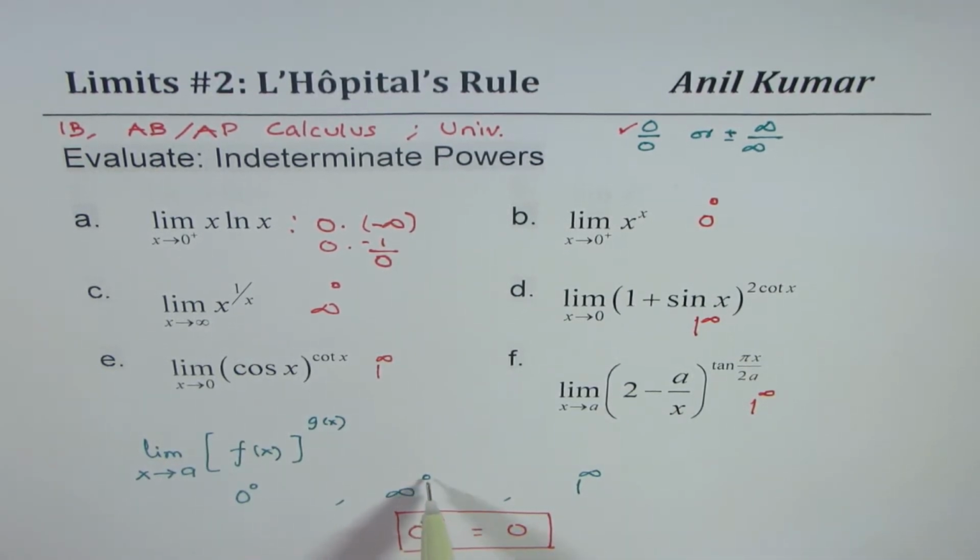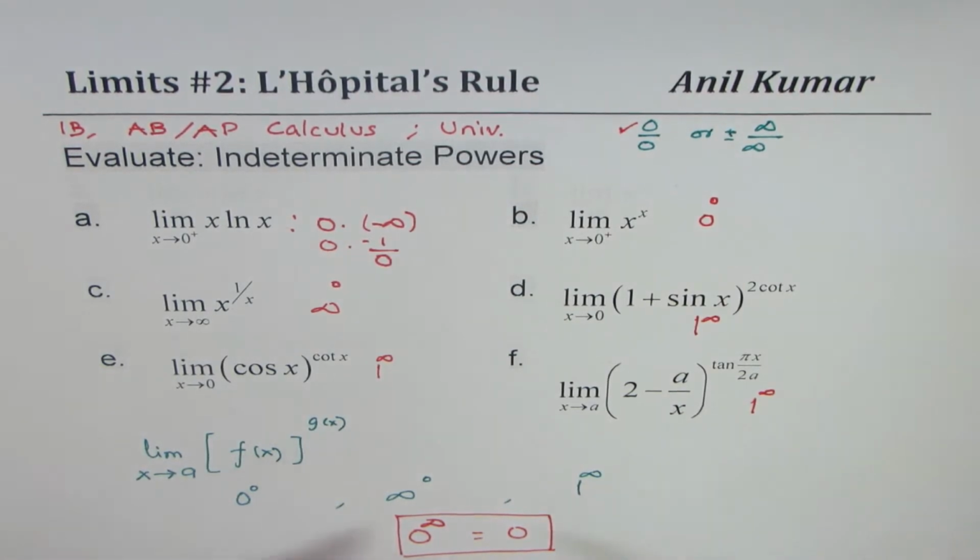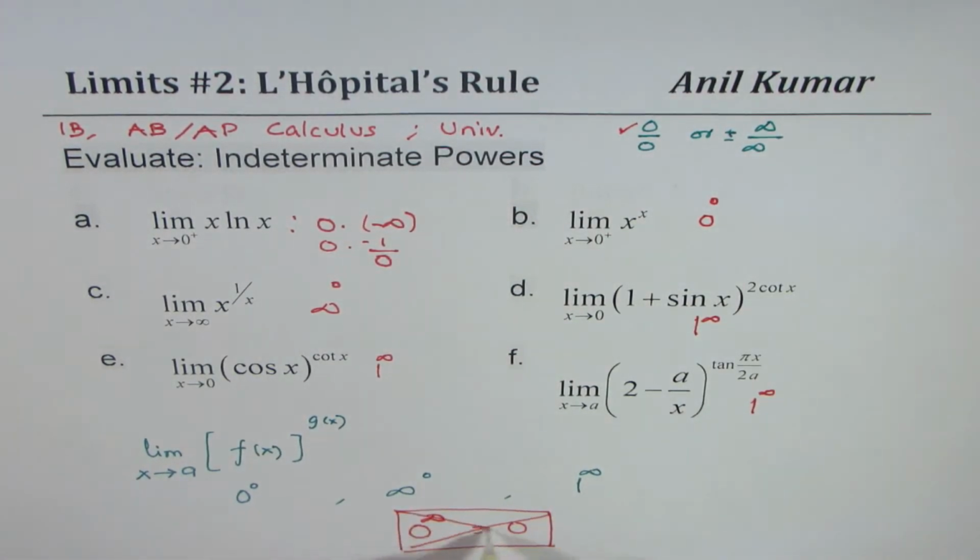So anything to the power of 0 could be 1, but infinitely large to any power, we don't know. And therefore, it is indeterminate. 1 to the power of anything is 1, but 1 to the power of infinitely large is indeterminate. So therefore, these three are the only cases which are considered as indeterminate, but not this one.